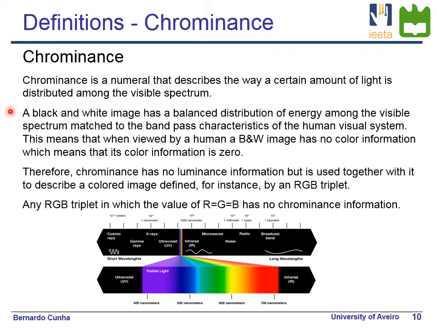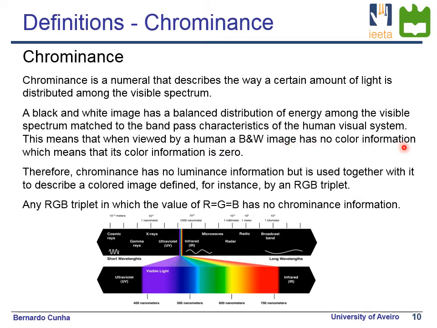and information of chrominance has no luminance associated. So, for instance, a black and white image has a balanced distribution of energy among the visible spectrum, in the case, for instance, of matching the bandpass characteristics of our human visual system. In that case, this means that when viewed by a human, a black and white image has no color information.